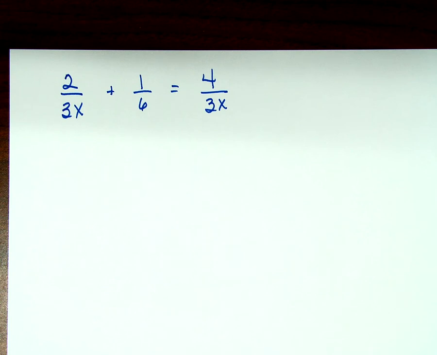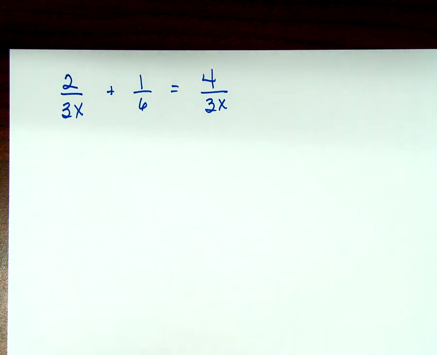How many of you would rather not work with fractions if you had a choice? Everybody has their hand raised. Even me, right? All of us would rather not work with fractions if we don't have to, right? So how about if I show you a way to do this problem where you don't even have to work with fractions? You okay with that?